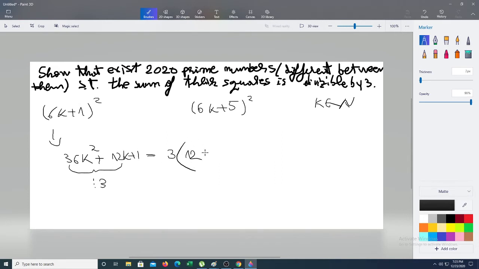So we have 3 times the bracket 12k squared plus 4k, close the bracket, plus 1. This sum we'll note with p, where p is obviously a natural number. We have 3p plus 1. Very important. So we'll note here 6k plus 1 squared is equal to 3p plus 1.